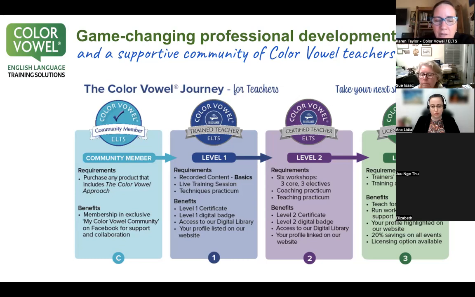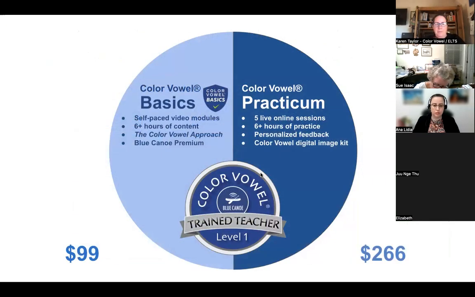A lot of our teachers will go into level 2, especially if they want to get certified to become a trainer at level 3, or they are part of a school that's getting accredited by Color Vowel that wants to brand with Color Vowel to attract students. So lots of different options here, but everybody benefits from a level 1 training. Let me show you a bit more about that. Our basics training, once again, is self-paced.